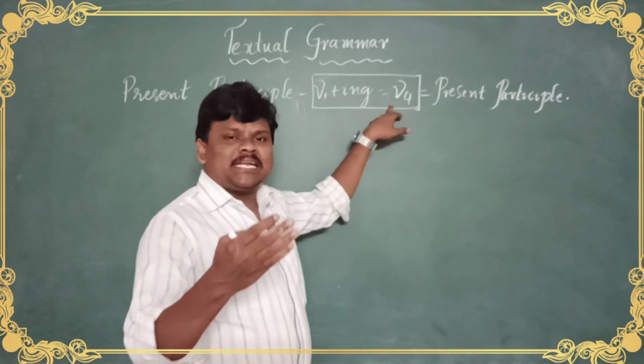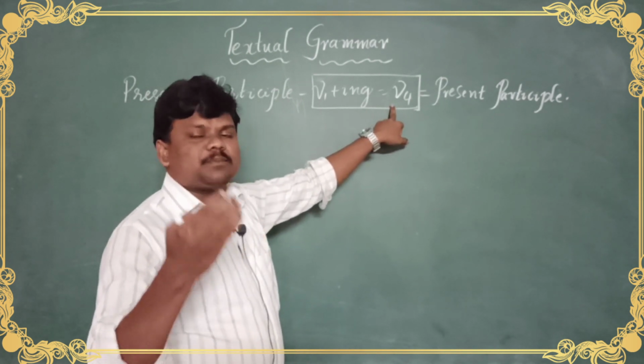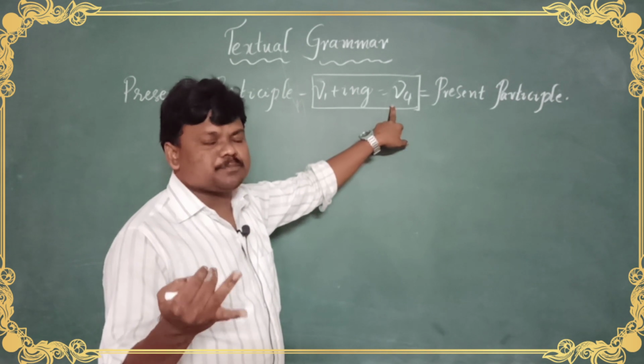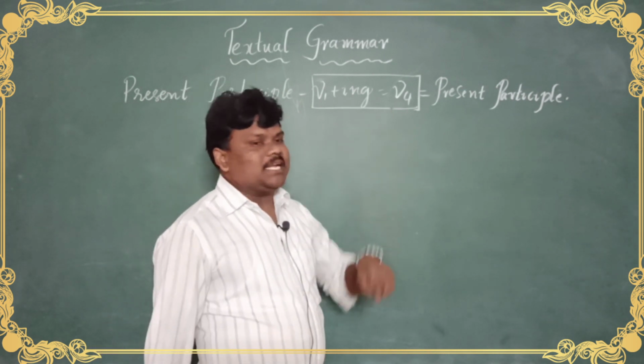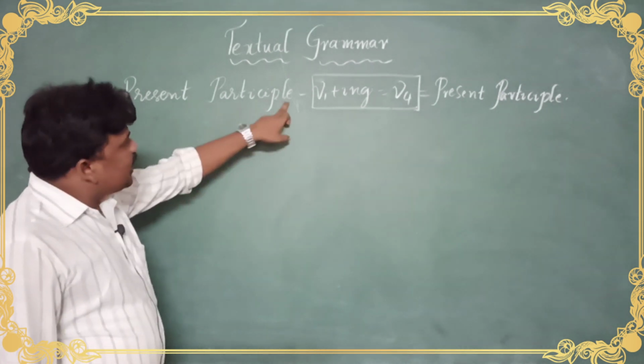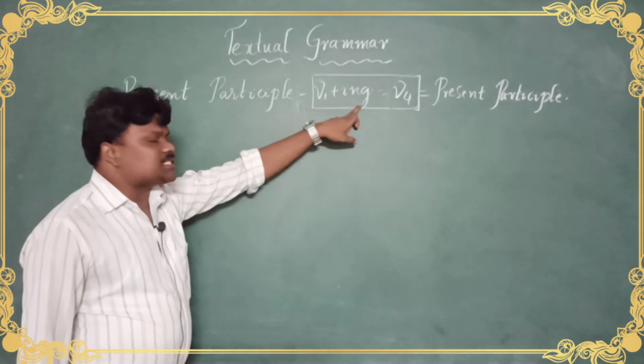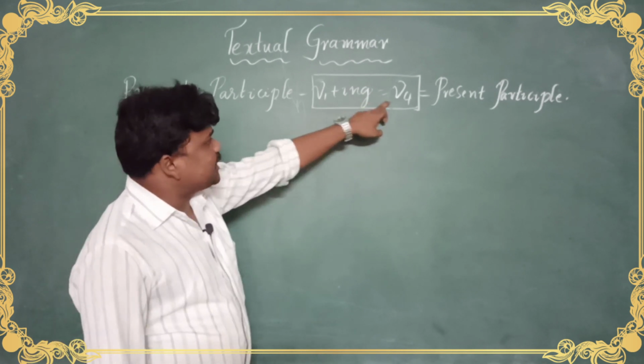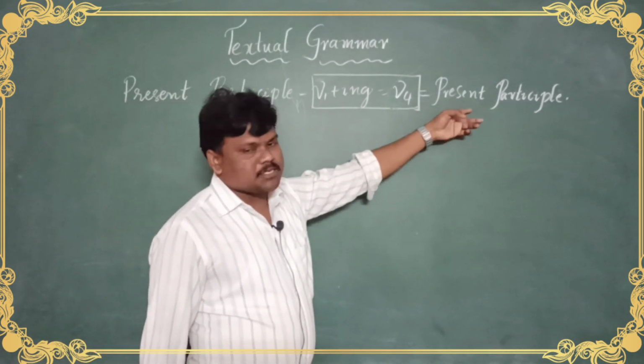There are mainly three types of participles: present participle, past participle, and perfect participle. Let me tell you, the present participle is nothing but V1 plus ing, and if you get V4, it is nothing but a present participle.